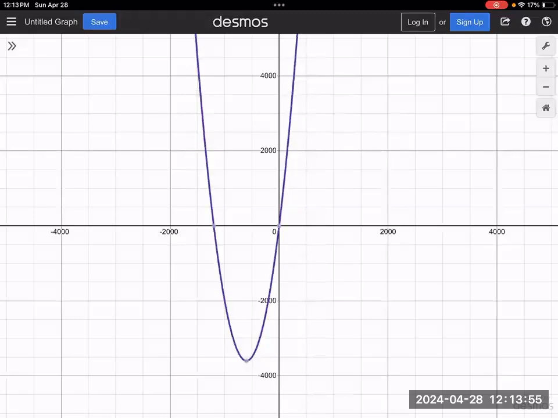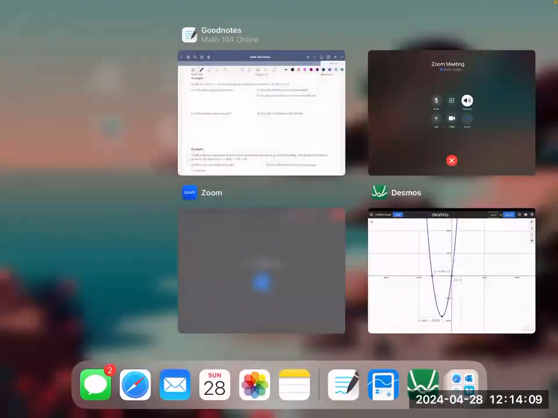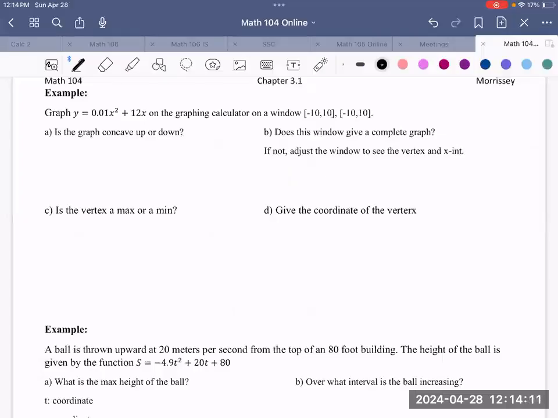So from here, we can determine the following. We were looking at your intercepts, I believe, and your vertex. Okay, so up or down, we can determine that it is concave up, which means we have a minimum.